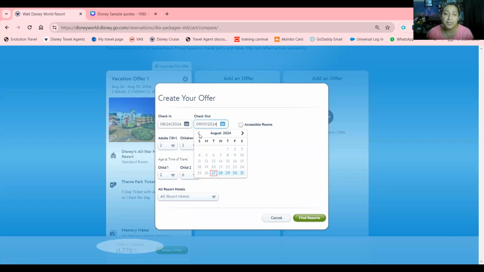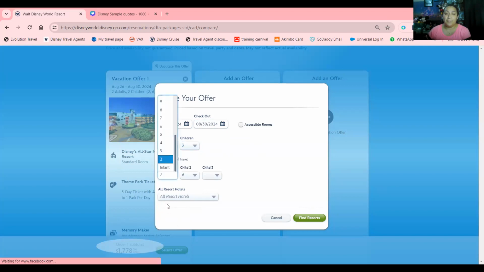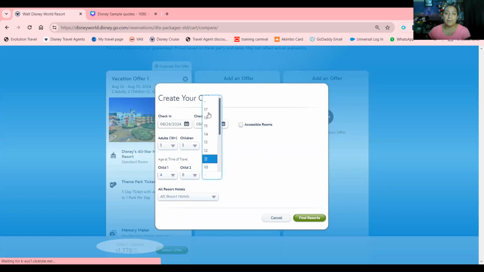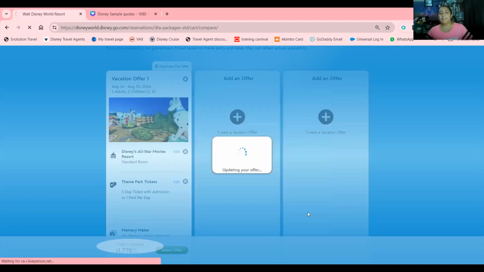The reason I'm changing is because remember, I had put the December on here. Let's just say that they have 3 adults and 3 children. One is 4, one is 8, and the other one is 17. Same thing applies.